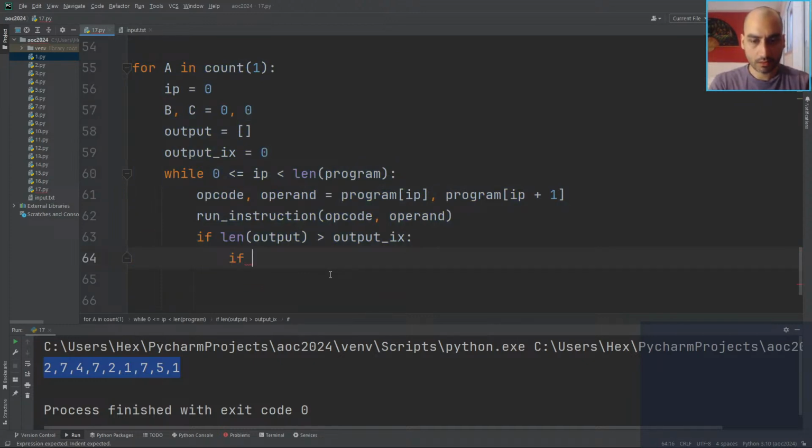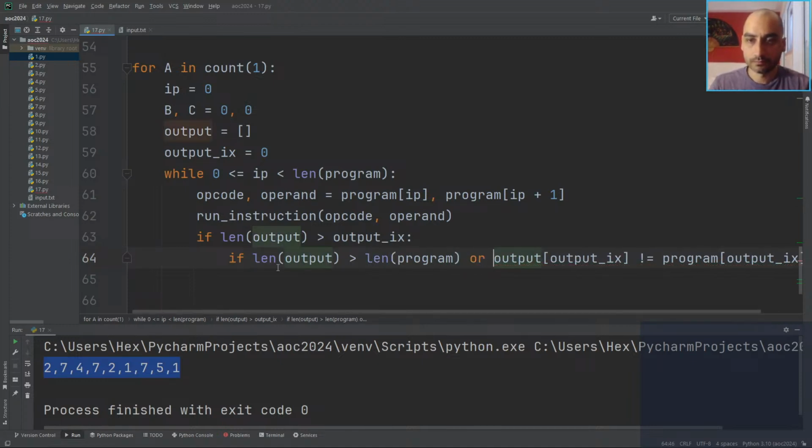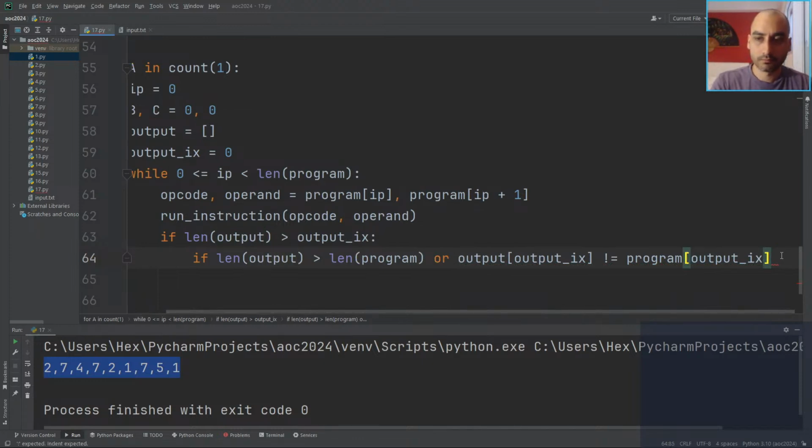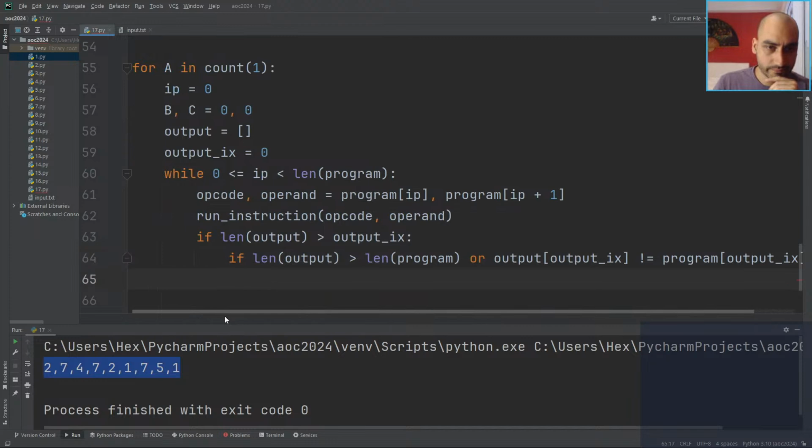If output at index x is not equal to program, or if length of output is greater than length of program, so we've exceeded, then that means we just break out of this loop.